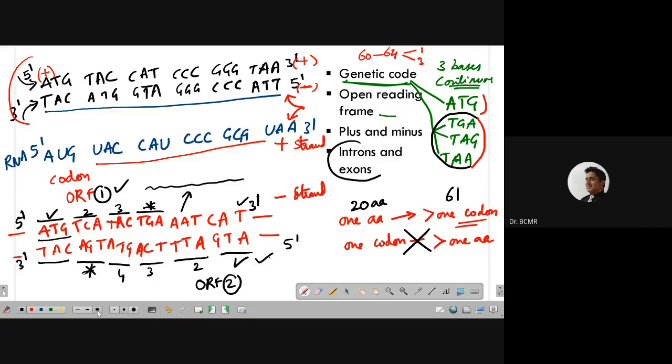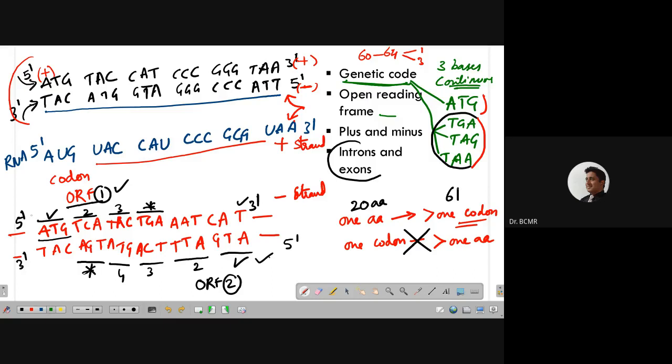But right now, what I want you to understand is plus and minus. As I said, the use of the terminology plus and minus is contextual. If I'm talking in terms of ORF1, then which one is plus? This will be the plus strand, and the bottom strand will be the minus strand.